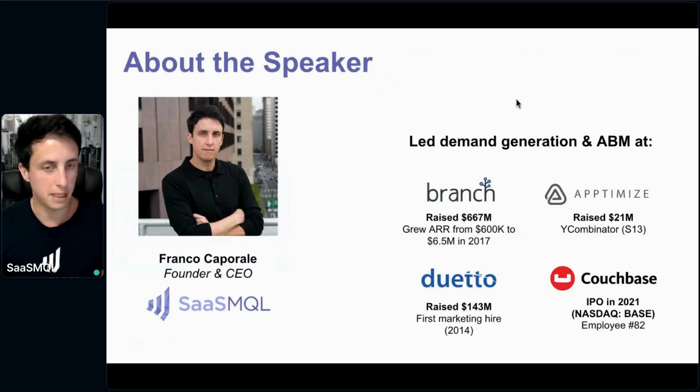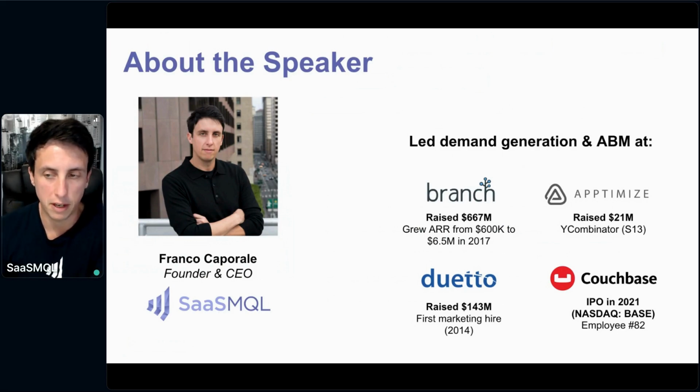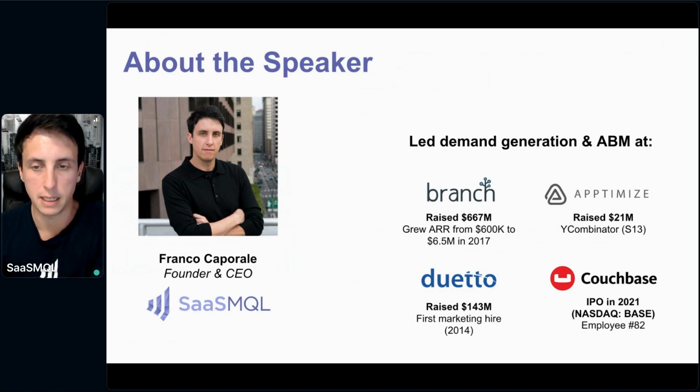So if you have missed the previous webinars and you don't know who I am, my name is Franco Caporale. I founded SaaSNQL about 6 years ago. Before that I was in Silicon Valley, working for a few venture funded companies like Branch.io, Optimizely, and Couchbase, leading demand generation for the most part.